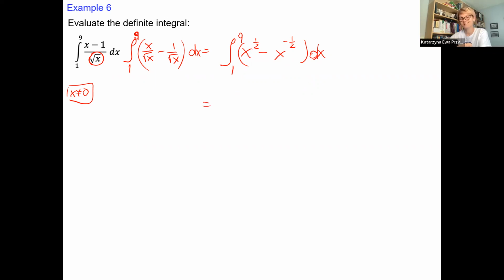Please tell me what's the integral of x to the 1/2. Oh, we have fractions. We're adding 1, right? 3/2, and 3/2. Oh yes, 2/3. And this one will be negative 1/2, adding 1 gives 1/2, and dividing by 1/2. We don't need constant c because we know that they will cancel out.